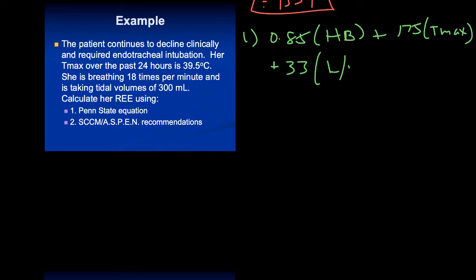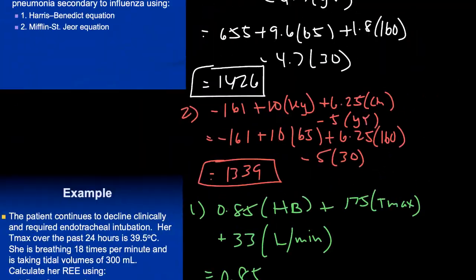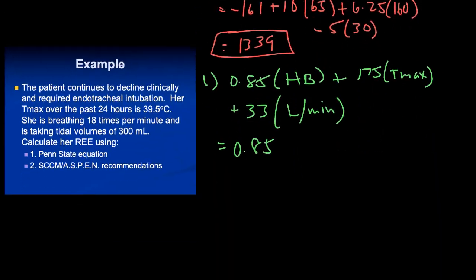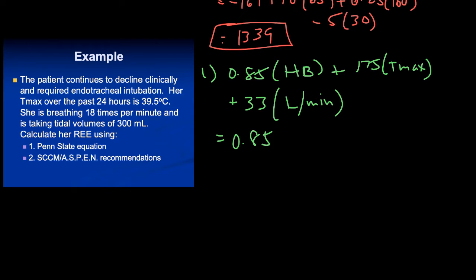So it's going to be liters per minute. As we said earlier, her Harris-Benedict resting energy expenditure is 1426. So 0.85 times 1426 plus 175. Her Tmax is 39.5. Remember, that's in Celsius.